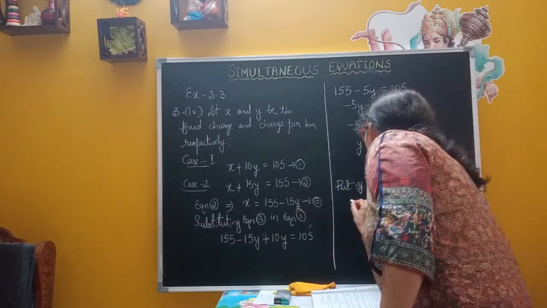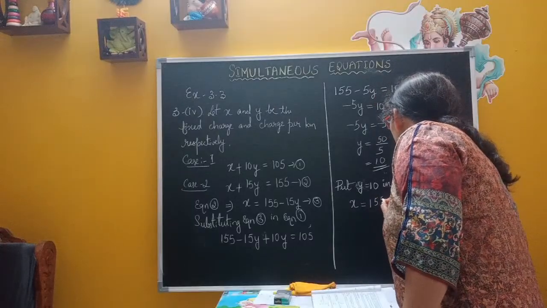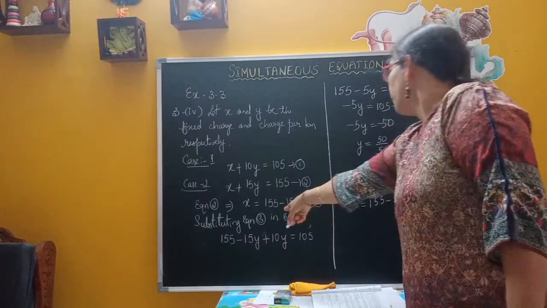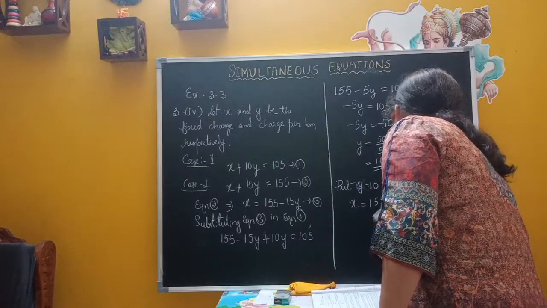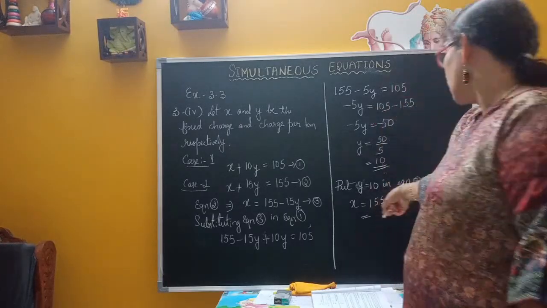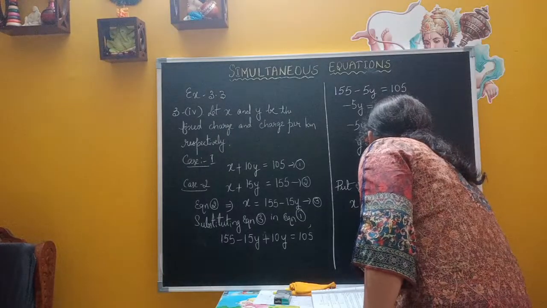We get x is equal to 155 minus 15y. It is 15 into 10. 15 into 10 how much? 150. So 155 minus 150 how much? 5.